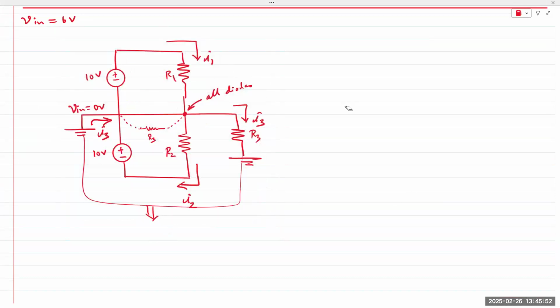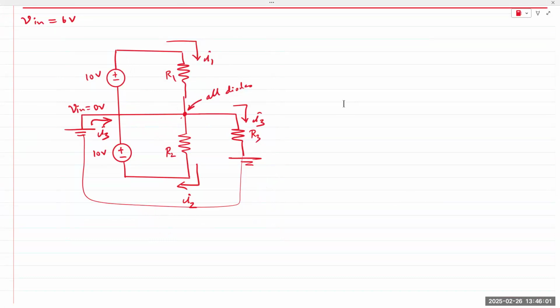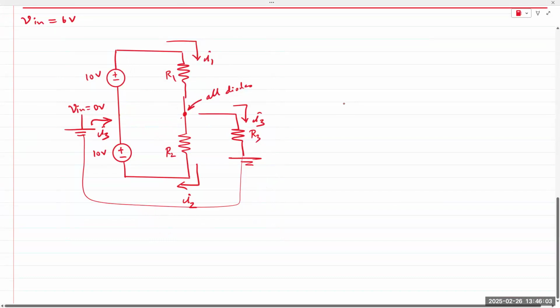Now, keep this as is. R3 would still turn out to be parallel because I'll explain in a second.